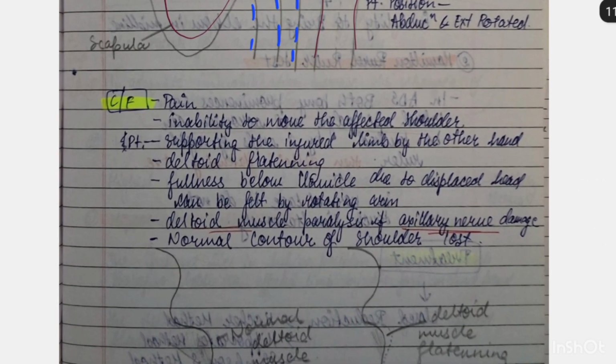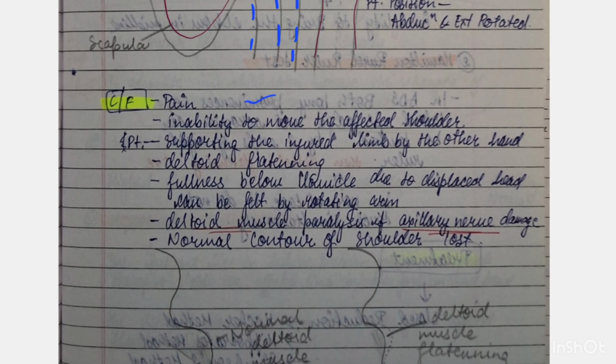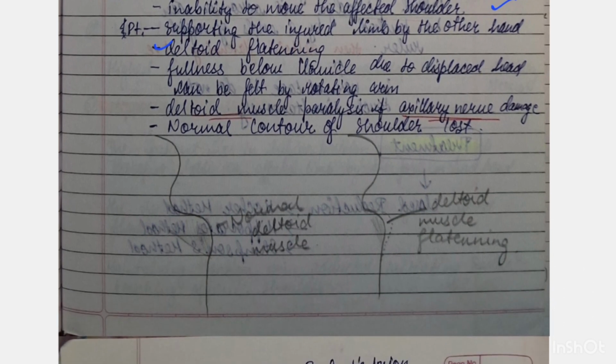The clinical features are: inability to move the affected shoulder. When a patient with dislocation of shoulder visits the clinic, you can see that the patient is supporting the injured limb with the other hand. Then deltoid flattening. What is deltoid flattening?